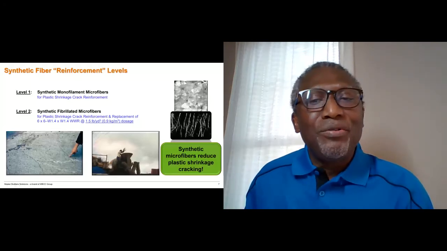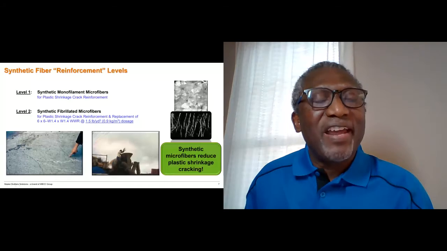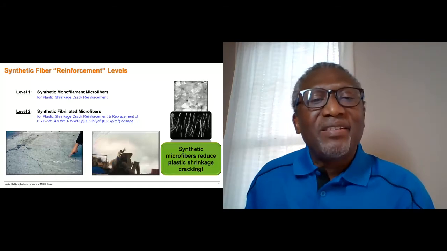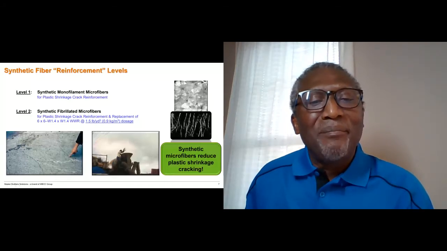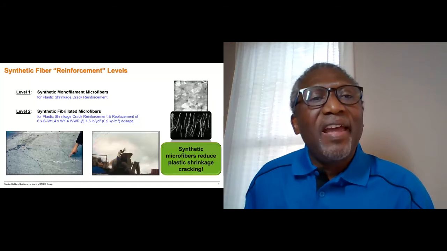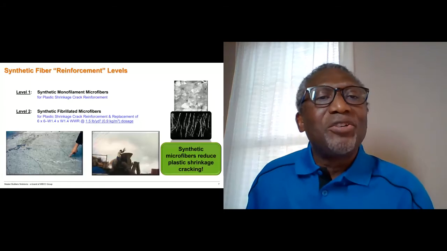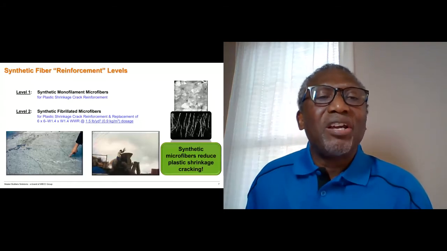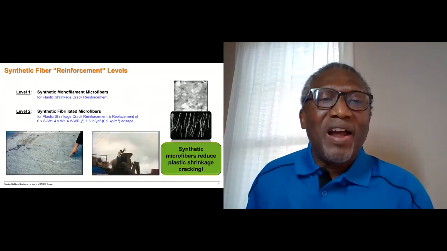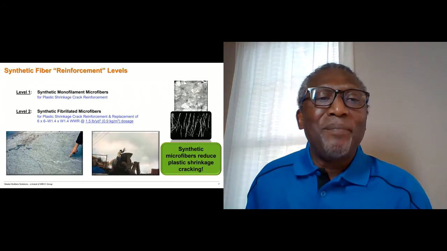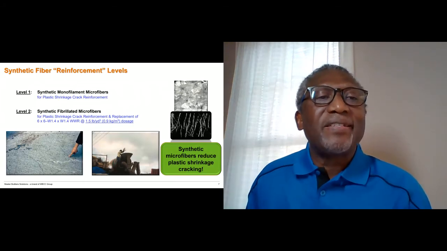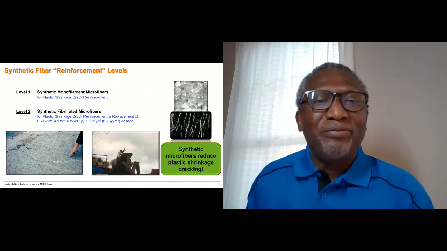In addition to minimizing plastic shrinkage cracking, the fibrillated fibers do provide a minimal amount of post-crack residual strength. And as a result of that, they are typically used in industry to replace the lightest gauge welded wire reinforcement out there, the 10 gauge mesh, or the 6x6 W1.4 by W1.4.